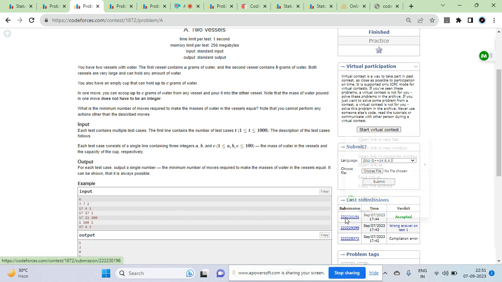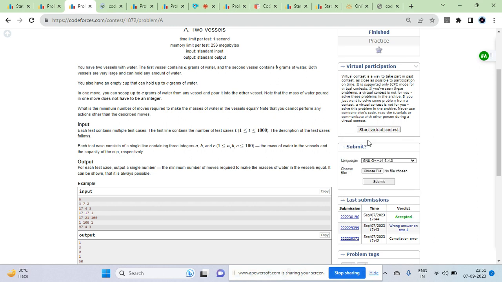So the answer is straightforward. You have to find the difference between the two vessels in terms of water, then divide the amount by 2. Why?